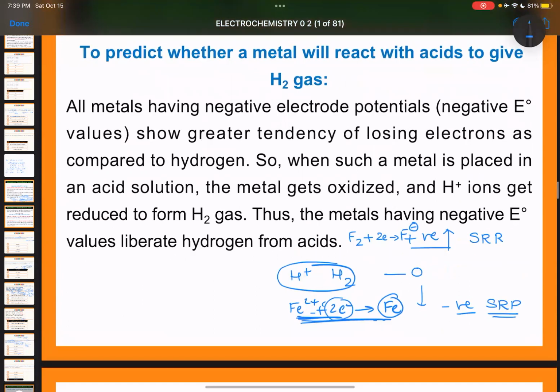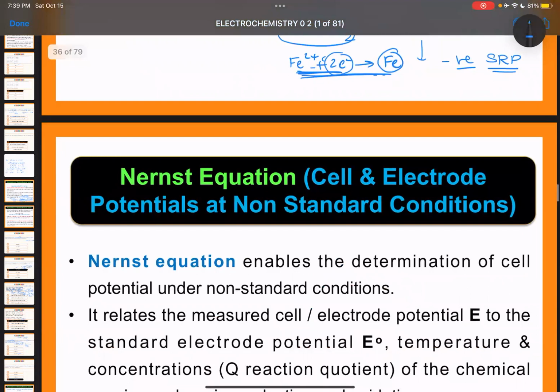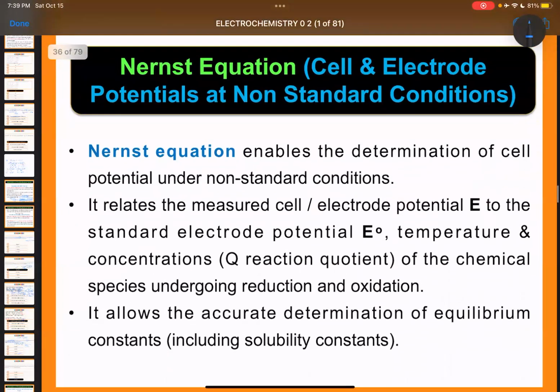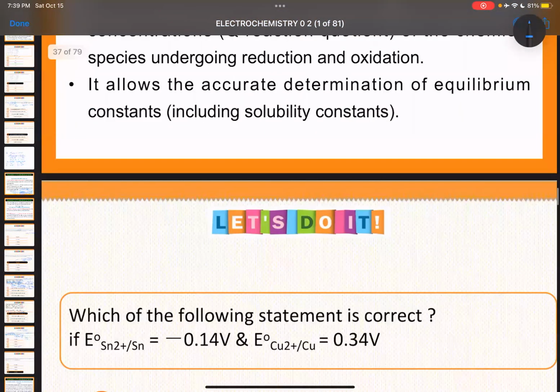But if it is non-standard condition, meaning the temperature and pressure are changing and the concentration is not 1 molar, then it is non-standard. For that you use the Nernst equation. The Nernst equation will help you to calculate the electrode potential under non-standard condition, right? How we are going to do that, we will look at it.